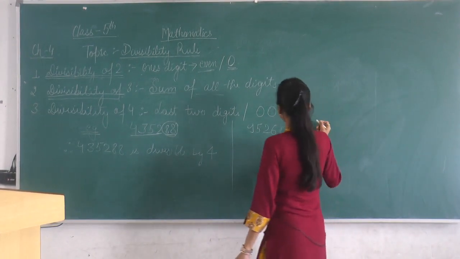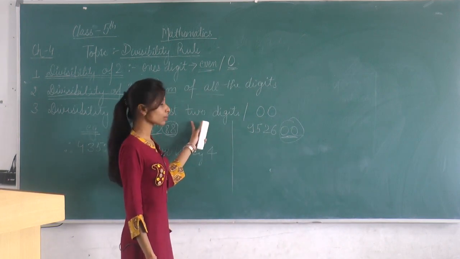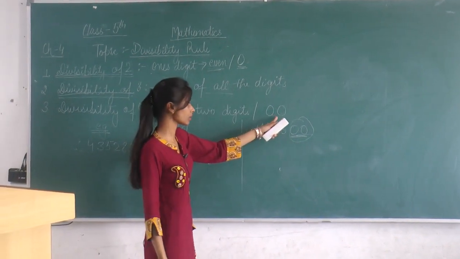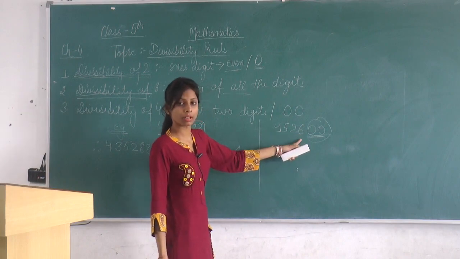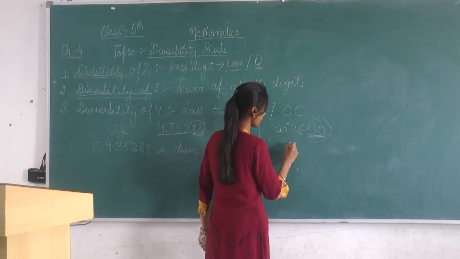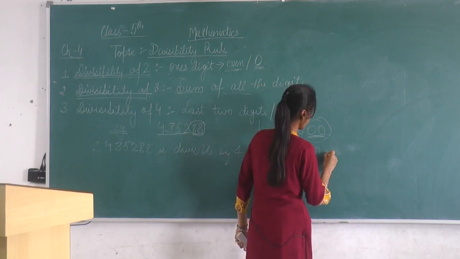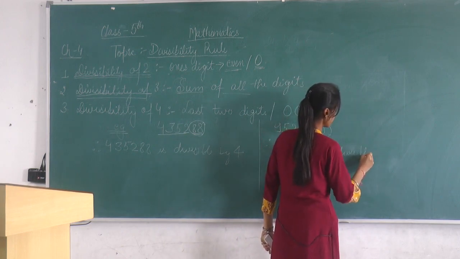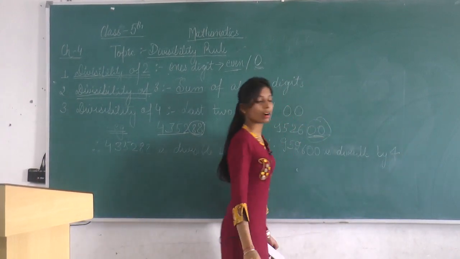According to the rule, if the last 2 digits are divisible by 4, or if the last 2 digits are 0, the number is divisible by 4. So also we can say 95260 is divisible by 4. Hope all of you are clear?